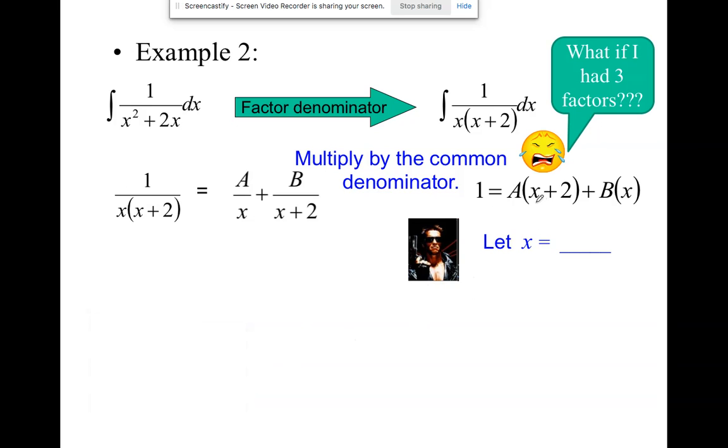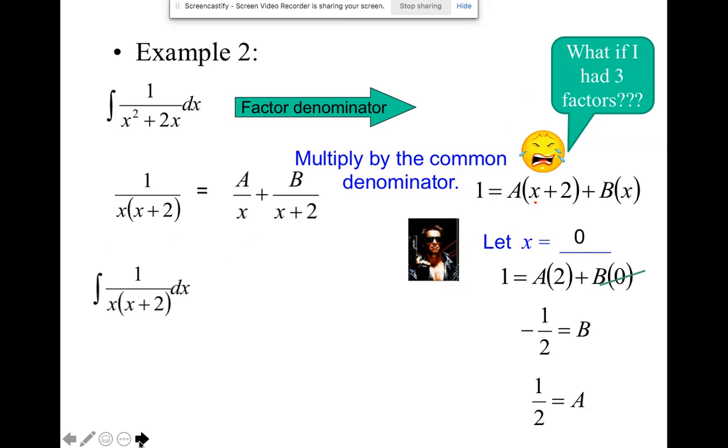You can choose either -2 or 0. I chose -2 first, so who gets terminated? A, bye-bye. And what does B equal? Bring Arnold back. This time, let x equal 0. Terminate B. A is equal to +1/2.